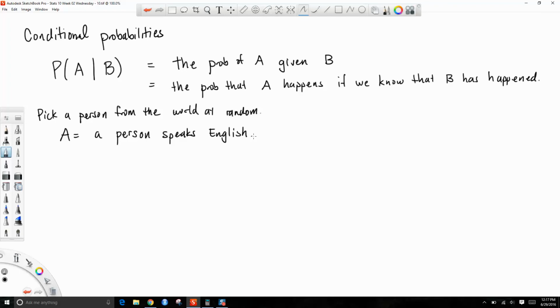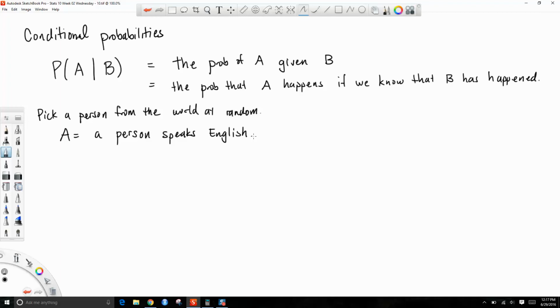This sounds low. I don't believe you. All right, let's ask Wikipedia. Okay, 360 to 400 million have English as their native language. Okay, I will accept that.